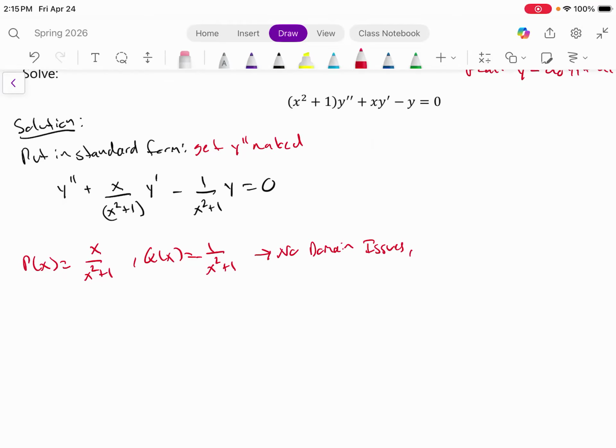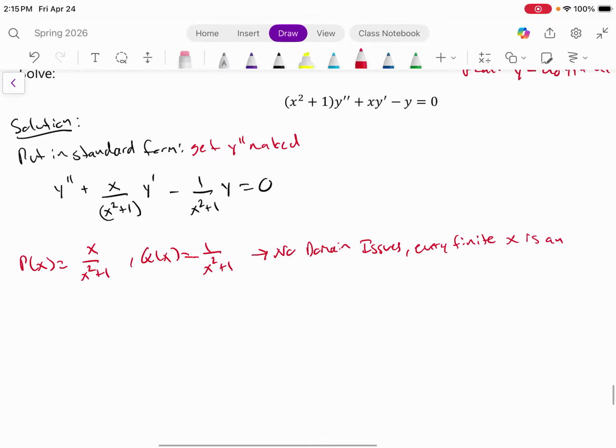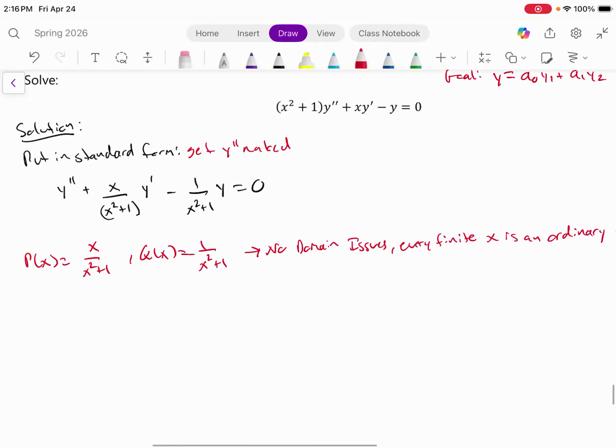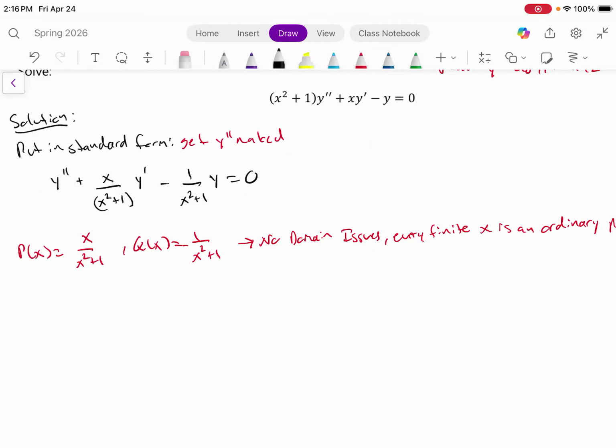So what that means is every finite x value is an ordinary point. Since every x value is an ordinary point, then we can for sure choose that x equals 0 is an ordinary point, and we could center our series around that point.